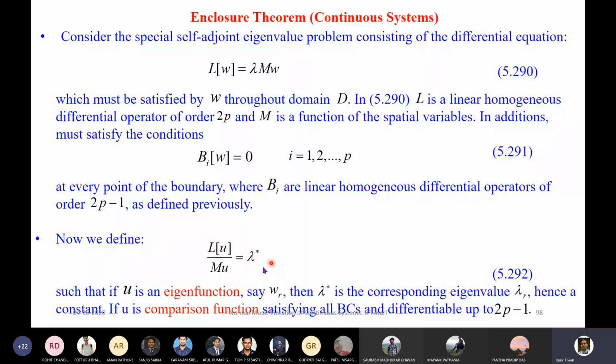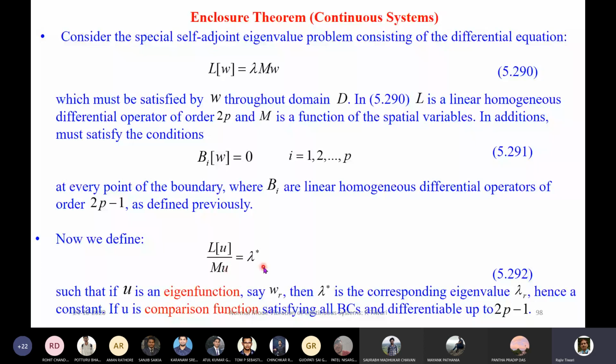If we take the rth eigenfunction, we'll get the corresponding rth eigenvalue. But what will happen if we don't choose U as an eigenfunction? Because a priori, without solving, we don't know the eigenfunction. So if we choose something else, what will happen to this ratio?